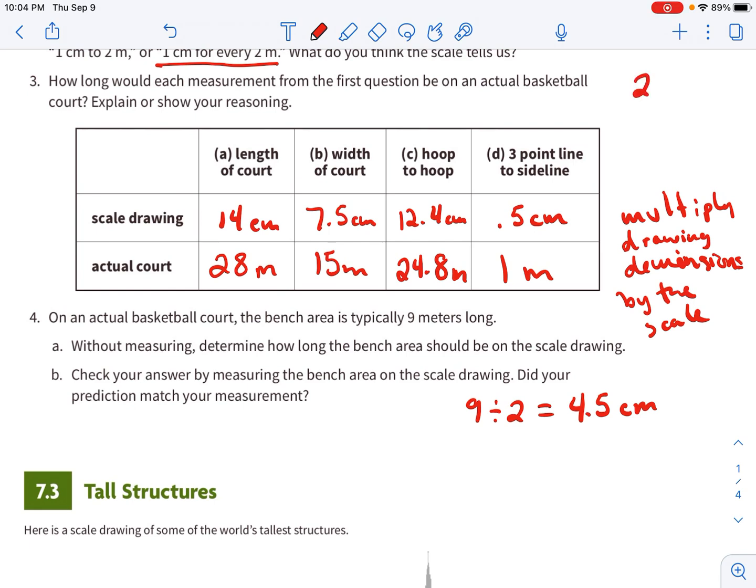So if it was 2, that's the same as 2 over 1. The reciprocal is this flipped, so that becomes 1/2. So you're dividing by 2 or multiplying by 1/2.